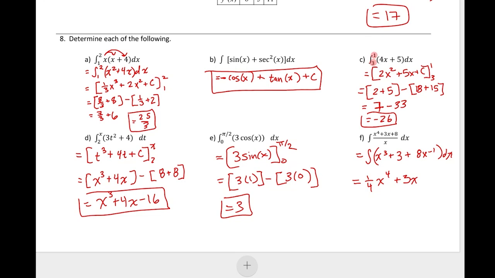This function here doesn't necessarily have that same restriction. So to make sure that every x value gives us an output, we need to take the natural log of the absolute value of x here. And we do need a plus c at the end. And that's it. We don't need to substitute anything in because this is just an indefinite integral.